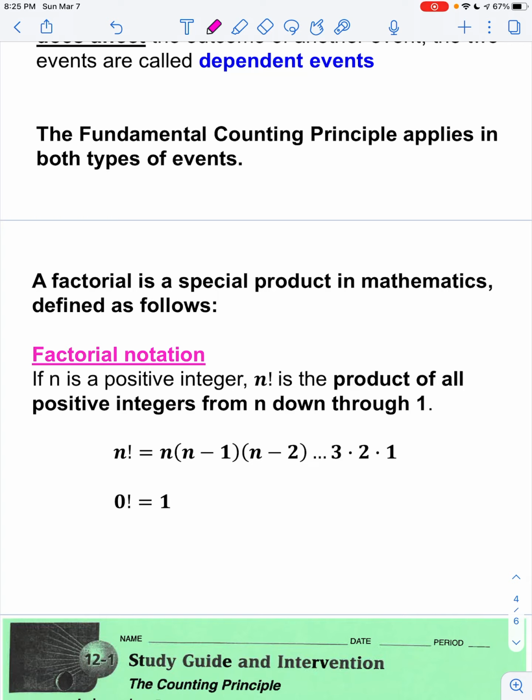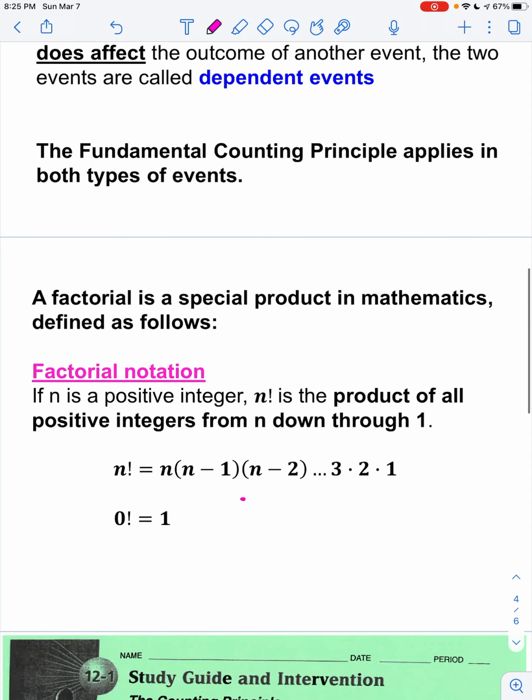And we write n factorial as n exclamation point, but that really is read n factorial, by writing out the product of the positive integers from n down to 1. For instance, 5 factorial, written like that, is really the product 5 times 4 times 3 times 2 times 1.